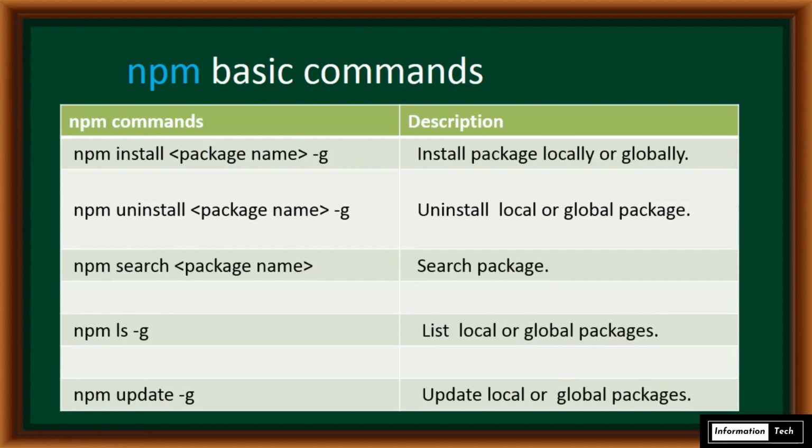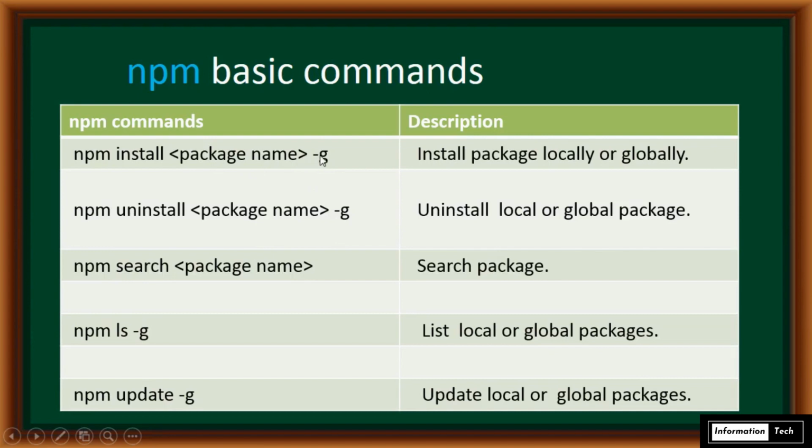Manager. If you need to install a package, you basically will start with the npm command followed by the word install and then the package name. If you are installing the package globally, meaning it's accessible everywhere, including the command line, then you use the -g after the package name.